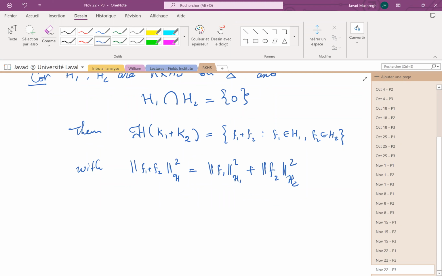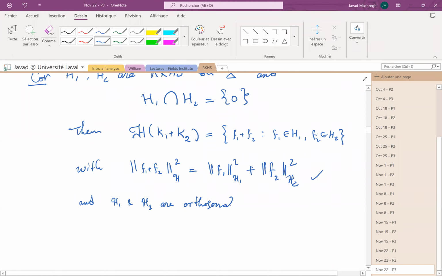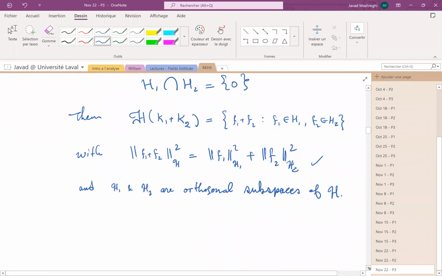And well, this also implies that H1 and H2, because of this representation, are orthogonal subspaces of H. Both of them are in H, but they are orthogonal to each other.